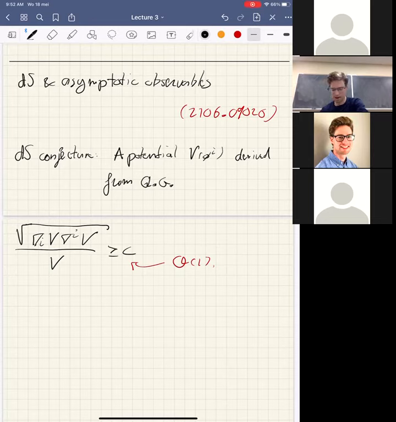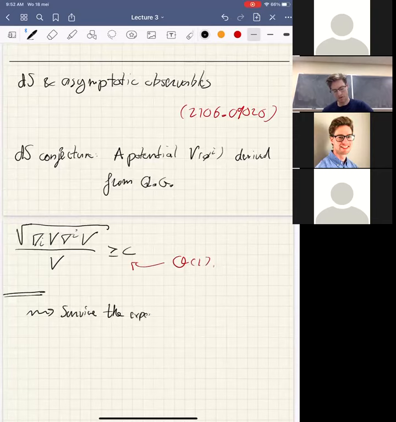So how does that work? Let's say that we have an observer in de Sitter space, or maybe more generally in a cosmological spacetime. You can also consider inflation, for example. Then if we want to have asymptotic observables, we need to have the following criteria. We want to make sure that an observer can survive the experiment.